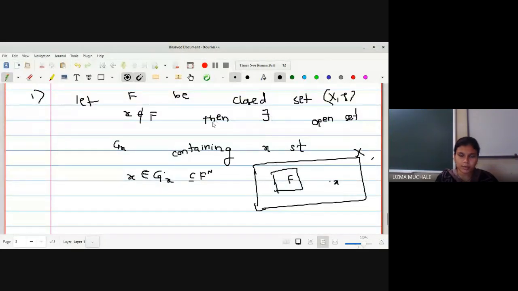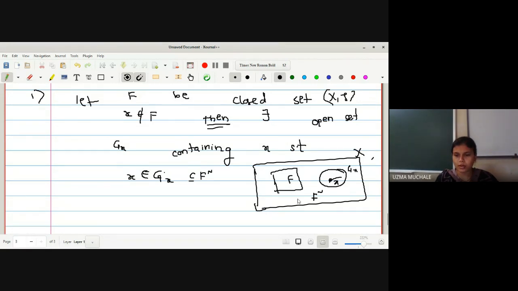Then what is our aim to prove? Then there exists an open set Gx containing X and which is contained in F complement. What is F complement? Whatever is outside, that is F complement. Now Gx is an open set which contains X and which is contained in the complement of F.